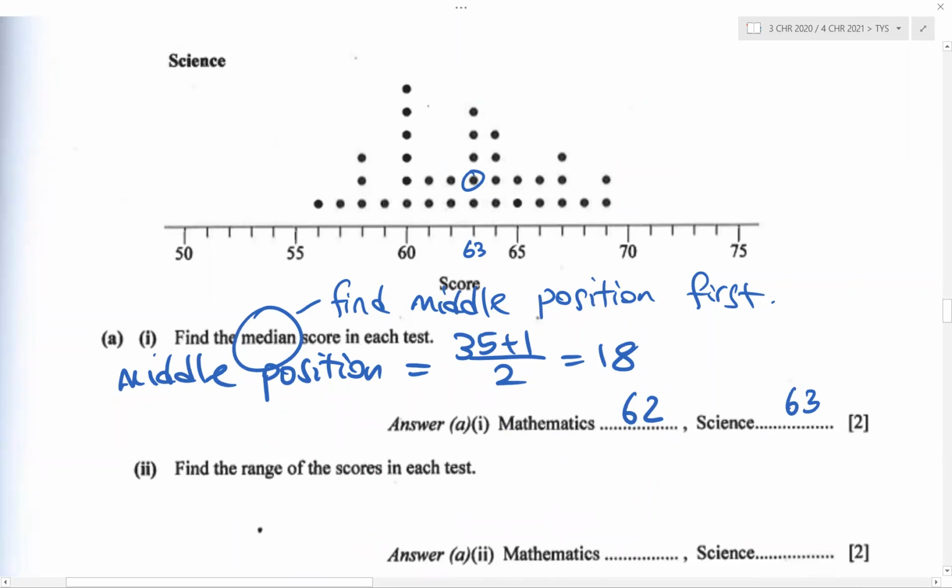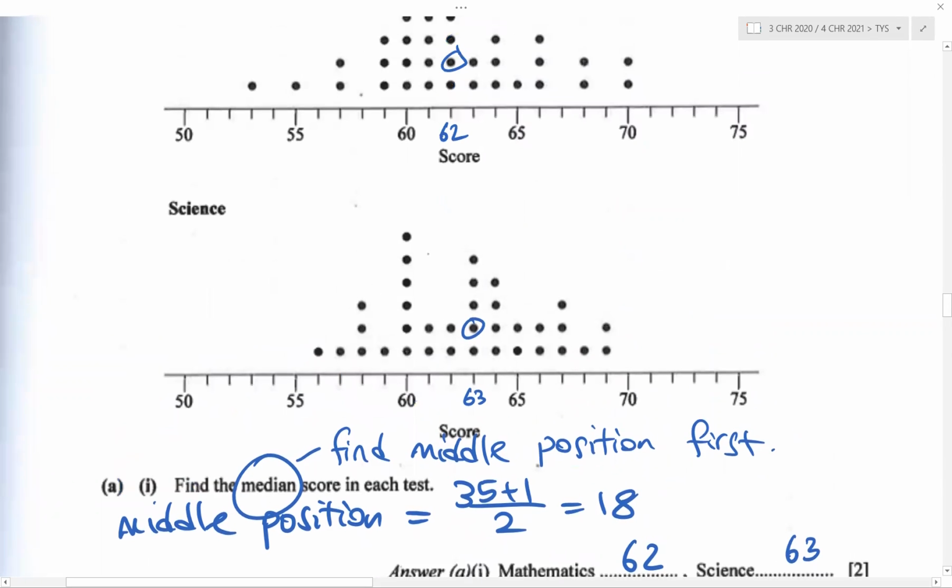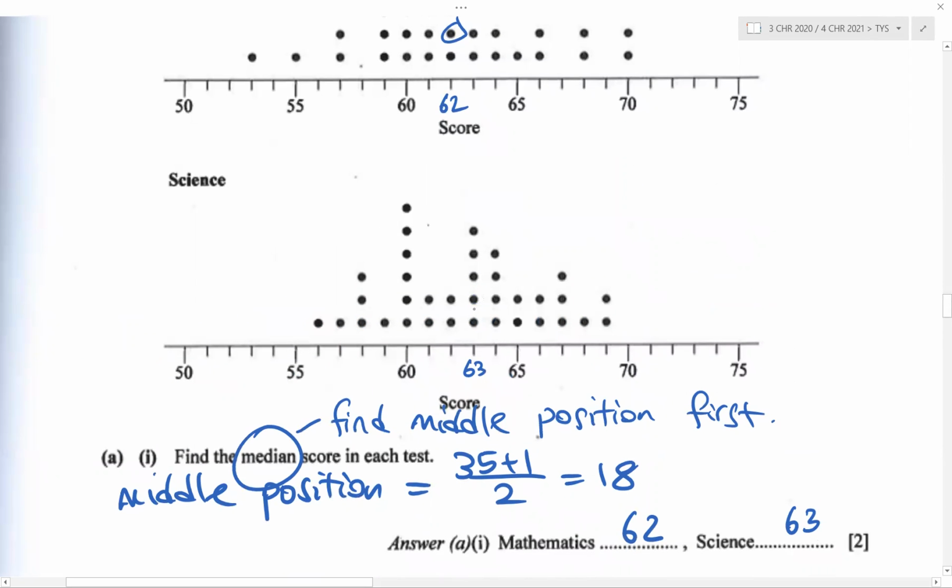Okay, so question, do you notice the way I count? Let's go back to our slides. This is the way I count. 1, 2, number 3, I start from the bottom. Then I go on to number 4 and number 5. Then number 6. But what if we don't start from the bottom?